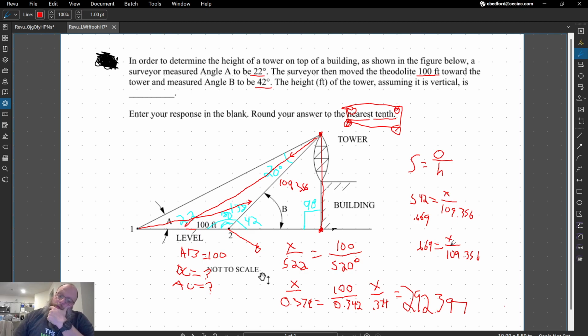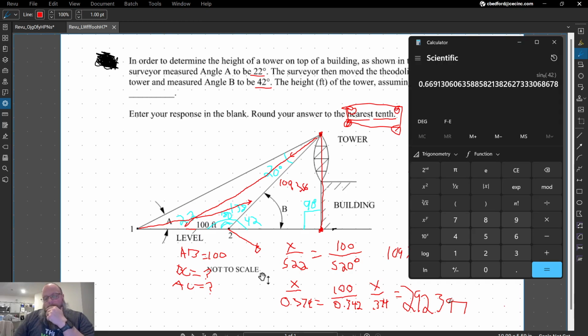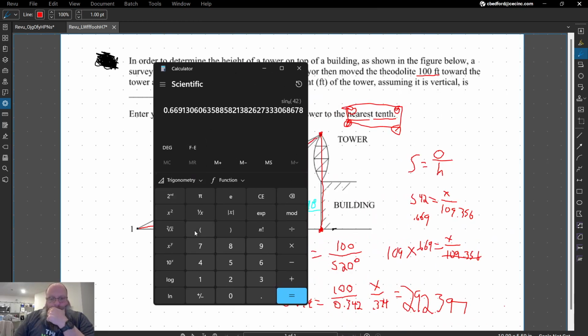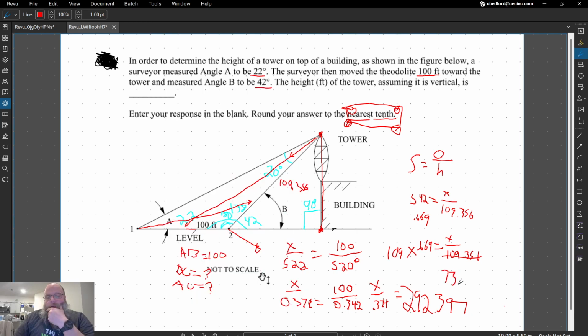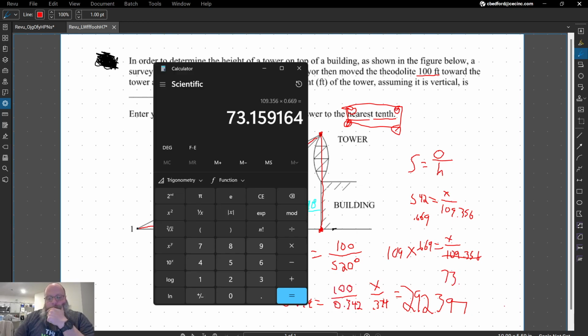Okay, so if I'm dividing by 109.356, all I got to do is multiply it out. So 109.356 times 0.669 is equal to 73.159.